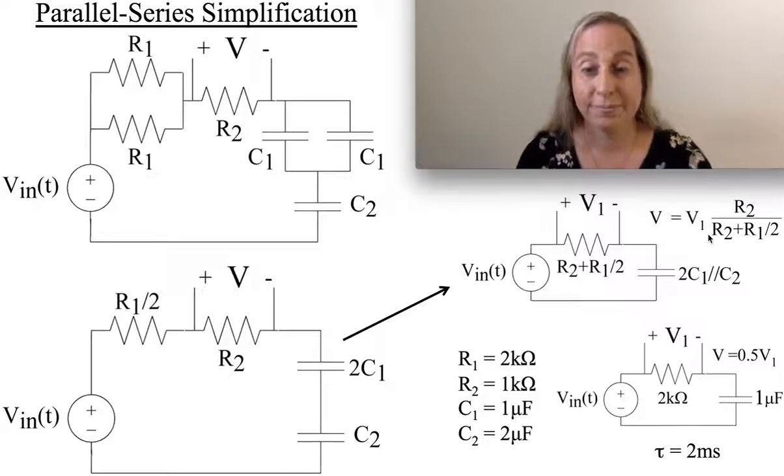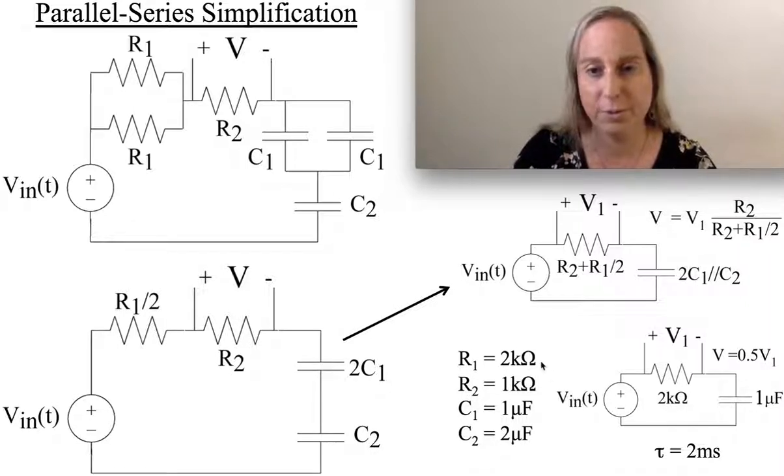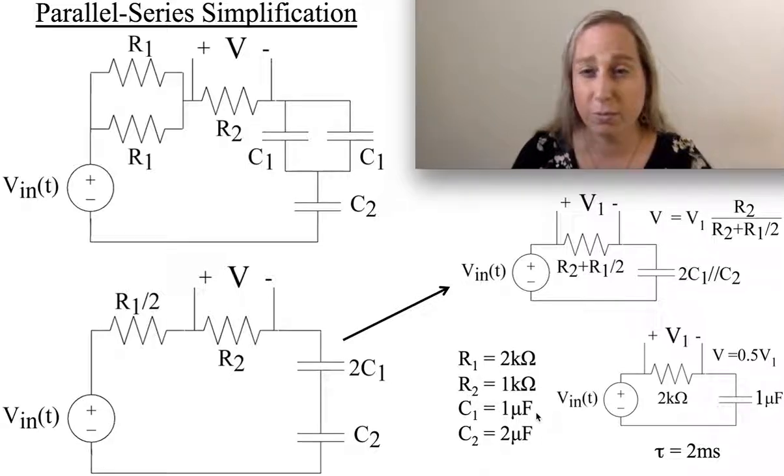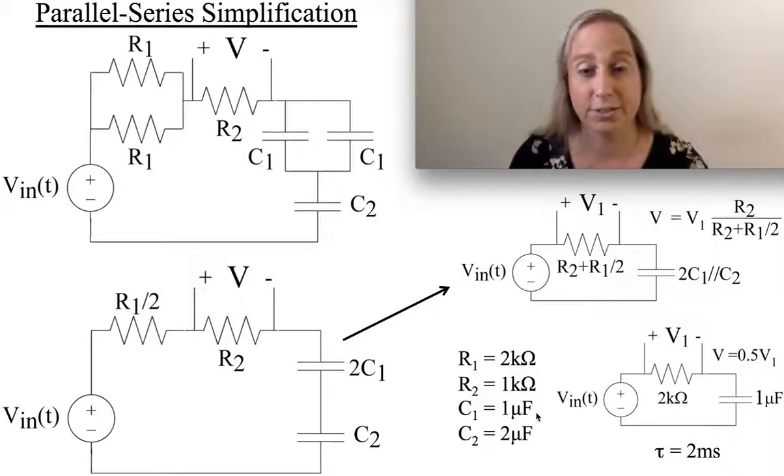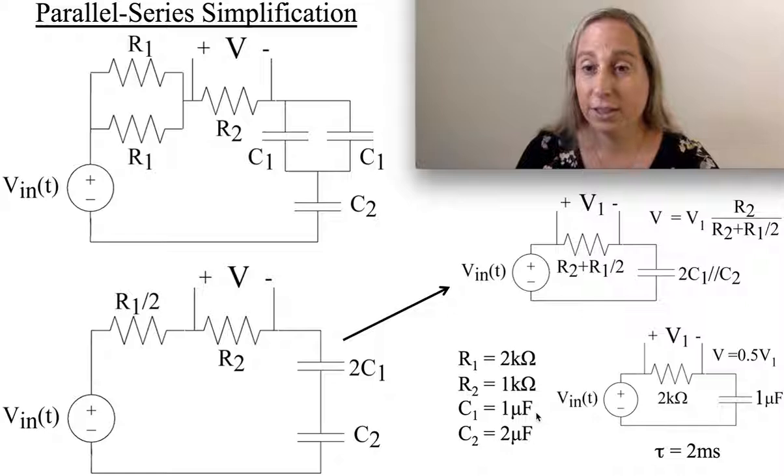If you plug in some numbers, here are some representative values in kilo ohms and microfarads, typically one form of a set of consistent units. For resistors, you would often use consistent units of ohms, volts, and amps, and farads. You would also have a different set with volts, milliamps, kilo ohms, and microfarads.